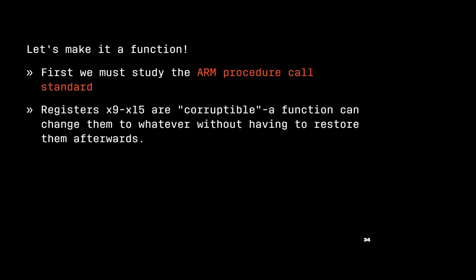We say the first integer argument to a function is going to be in x0. What about the second? It's going to be in x1. What about the first double precision argument to a function? That's going to be in d0. So we have to go through and study these standards. And then we also have to figure out the callee saved and callee corruptible registers.